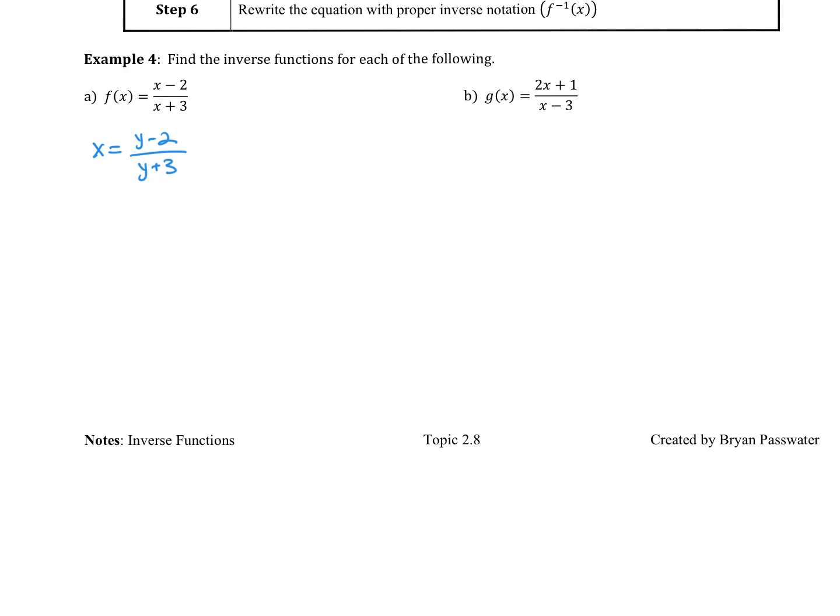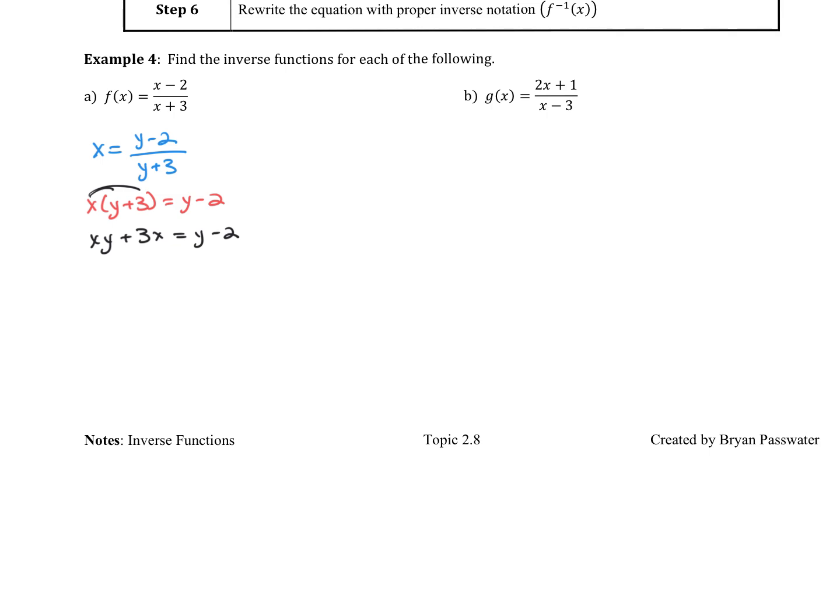And so now I multiply. So now I have x times the quantity y plus 3 is equal to y minus 2. And because I need to get y's together, my next step, I need to distribute this x. All right? And so now I have xy plus 3x is equal to y minus 2. Now, my next step to get y by itself is to get the y's together and everything else on the other side.